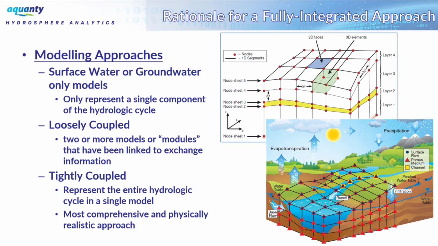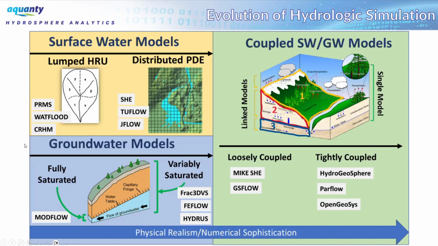But as computers have become more and more powerful, it becomes more and more feasible to take a more comprehensive and physically realistic approach to simulating the movement of water. And this is really what HydroGeoSphere is all about.